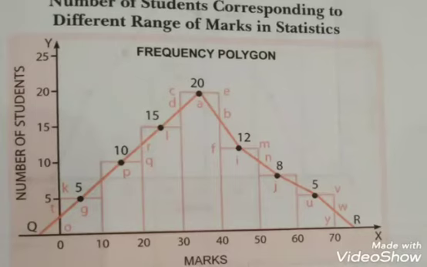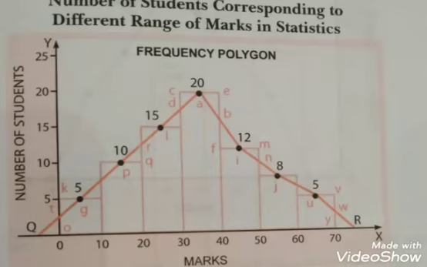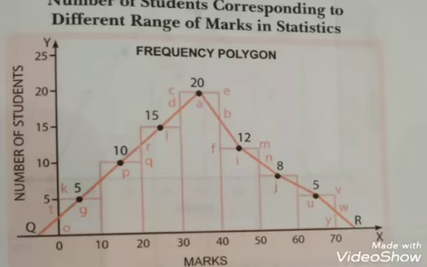Children, if you see the diagram of a frequency polygon, we have shown the number of students of a college and how many marks they have scored in statistics. Again on the x-axis we have taken the marks, and on the y-axis the number of students. According to their frequencies we have marked how many students scored marks between 0 to 10, that is 5, or between 50 to 60, that is 8.